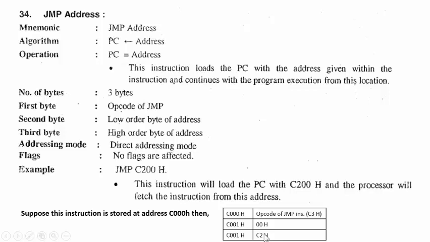So while storing the program in the memory, you have to store the lower byte of the address first and then the higher byte, that is 00 first, and then at the next location, C002X, there is a printing mistake, so at location C002X you have to store C2X.